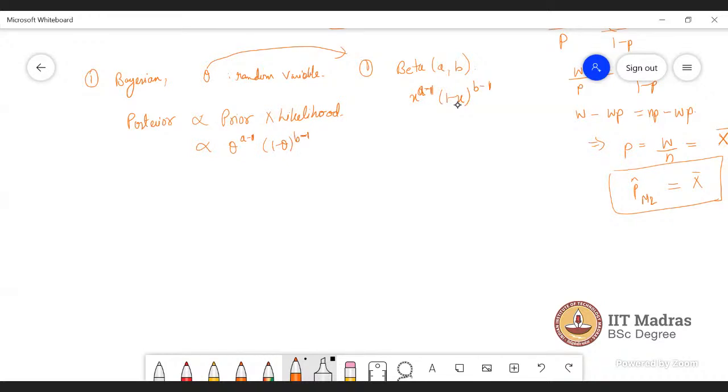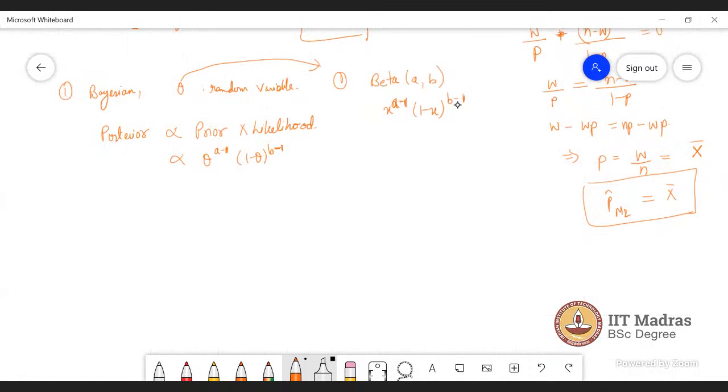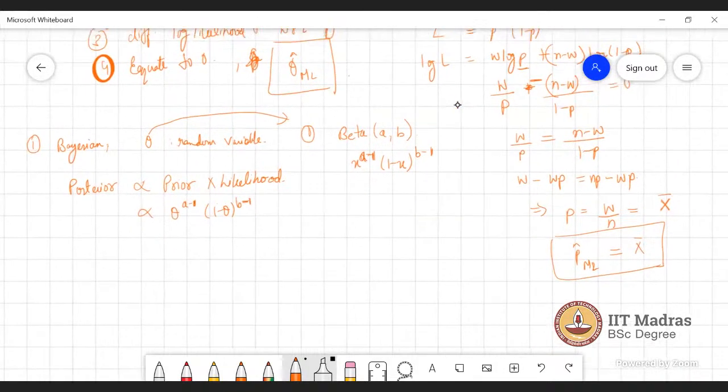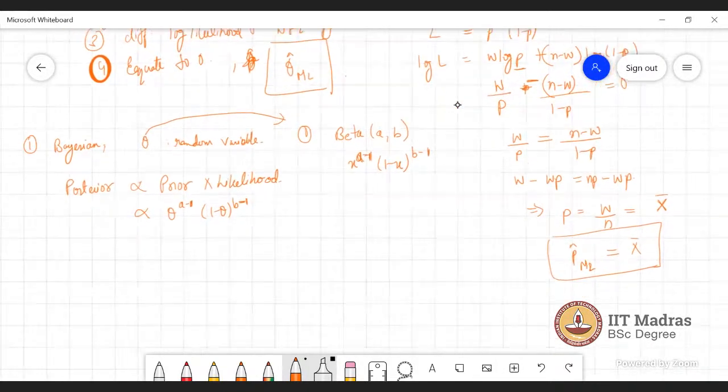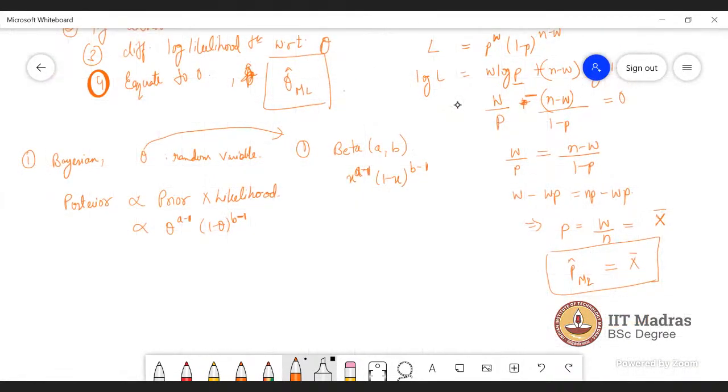So if I take the same, let's say the Bernoulli distribution. So in this case, the likelihood becomes theta to the power w and 1 minus theta to the power n minus w, right?